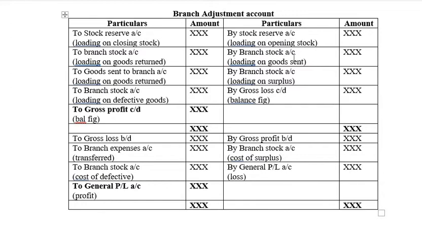By branch stock account, loading on goods sent. By branch stock account, loading on surplus. And then the balance is either gross profit, if it is on the debit side, in brackets balancing figure; if not, to the credit side, by gross loss carried down, balancing figure.